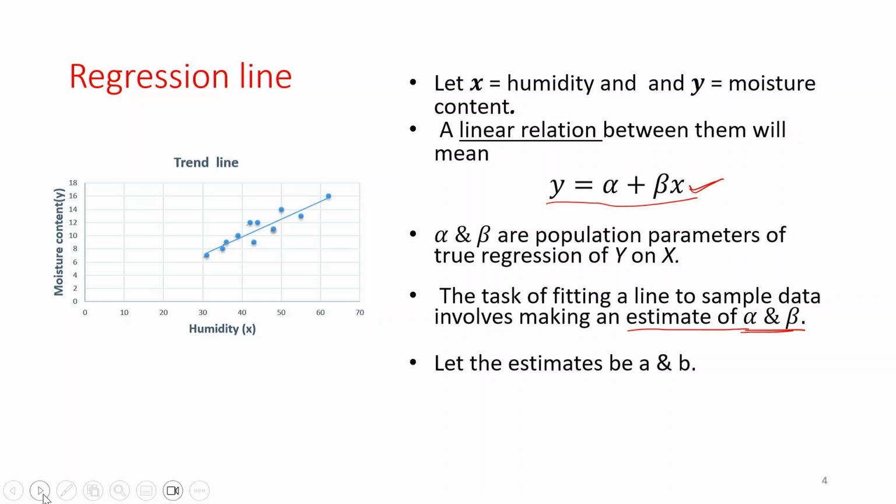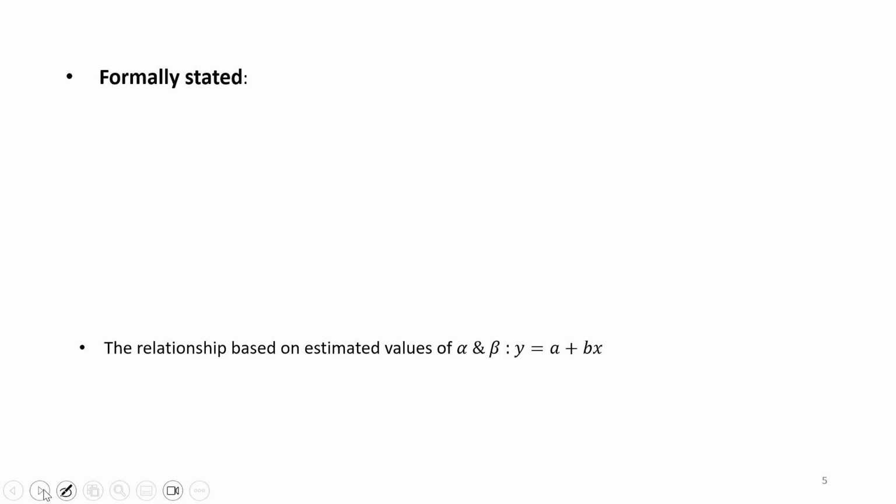Let us say the estimates are A and B. Therefore, we can write the equation as Y equal to A plus BX. So alpha is replaced by A and beta is replaced by B. A is an estimated value of alpha and B is an estimated value of beta. And that becomes my simple equation.